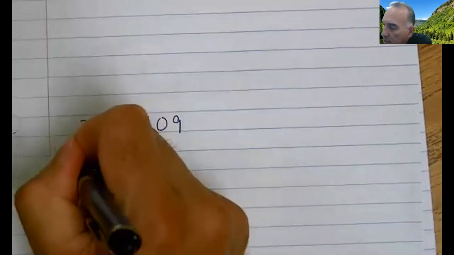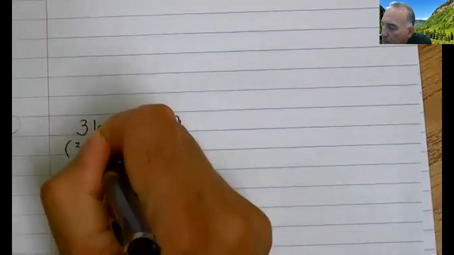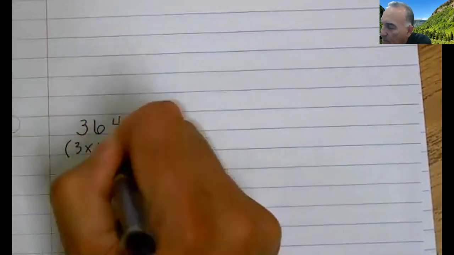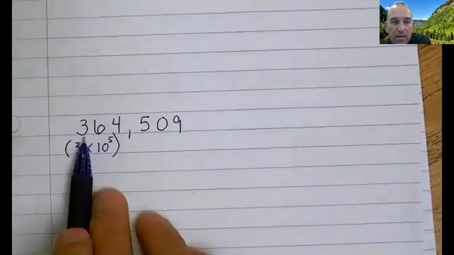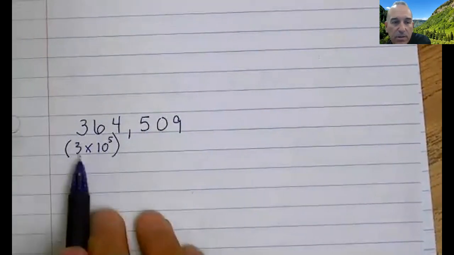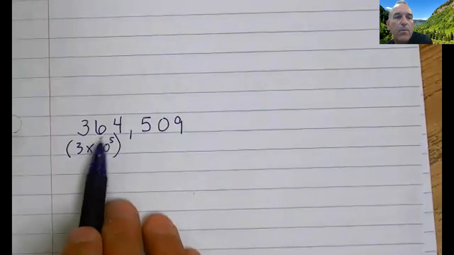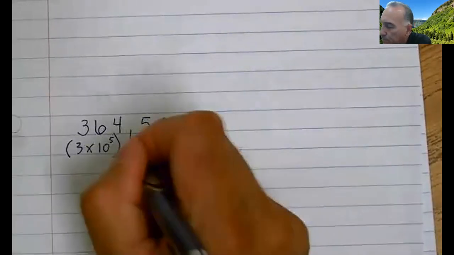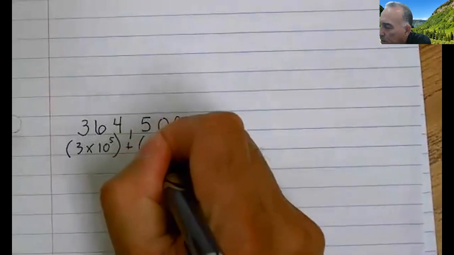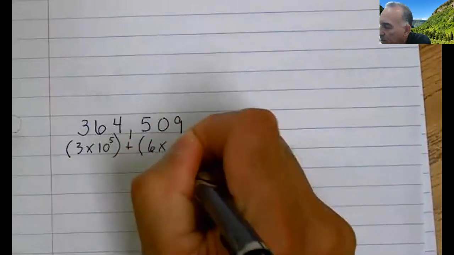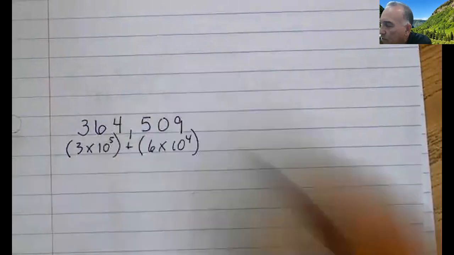So that allows me to come right down here and go 3 times 10 to the fifth. That represents that right there. That's 300,000. Now I want to represent 60,000. So this is going to be 6 times 10 to the fourth.